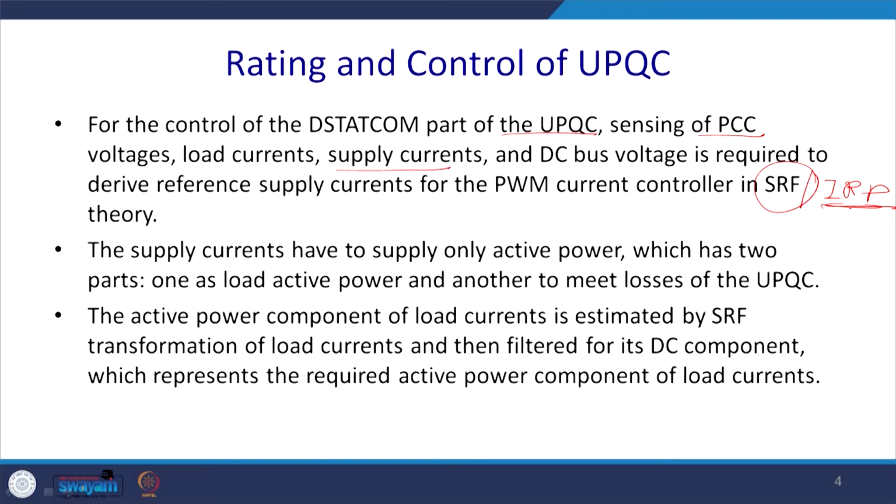The supply current has to supply the active power, which has two parts. One part is the load active power. Another part is that all those elements are non-ideal; the inductor and capacitor carry series resistances.